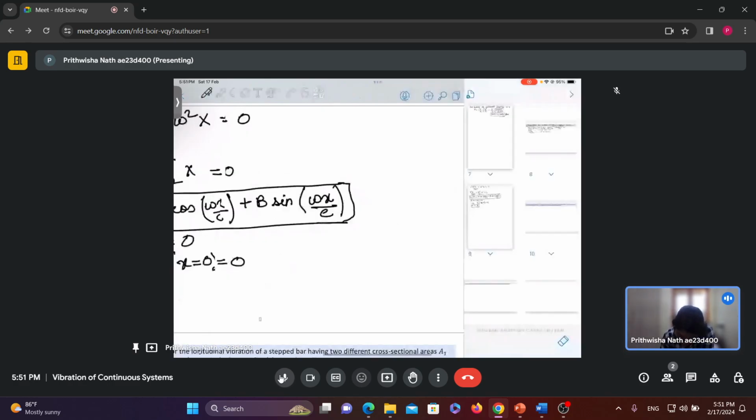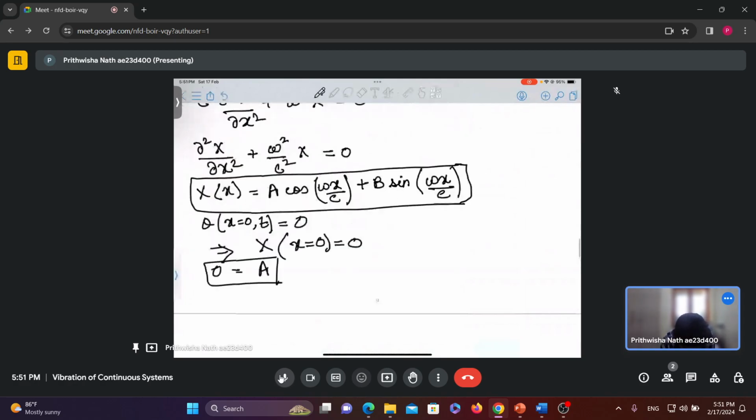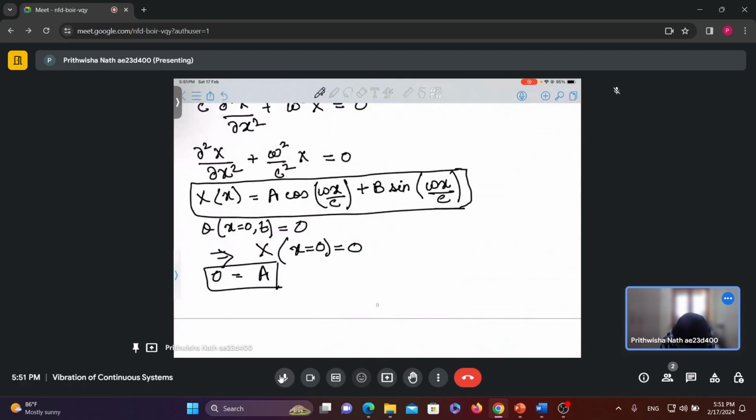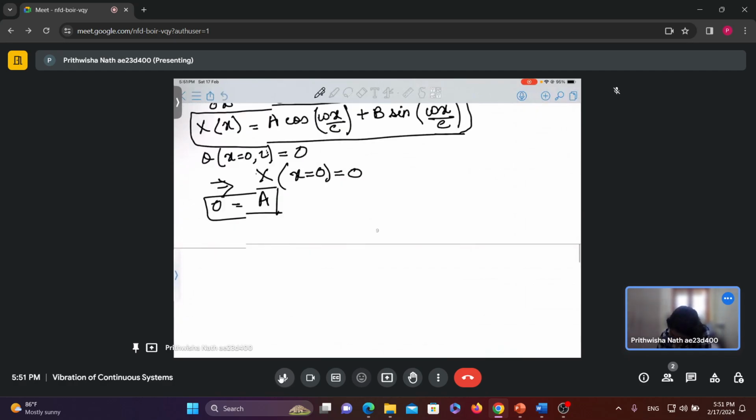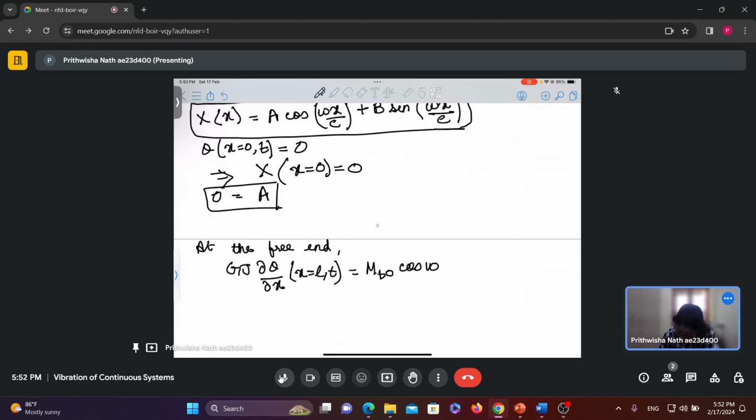Therefore, I can write at the free end, Gj, since it is at free end, I can write it like this: x equals L comma T equals to mt naught cos omega t.